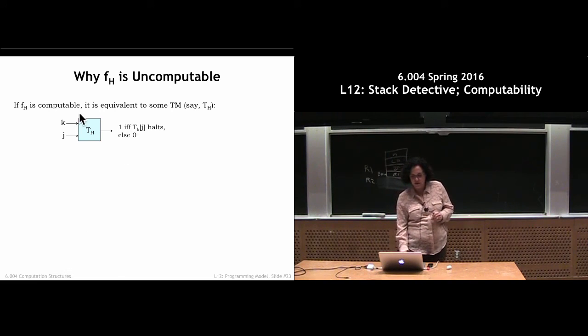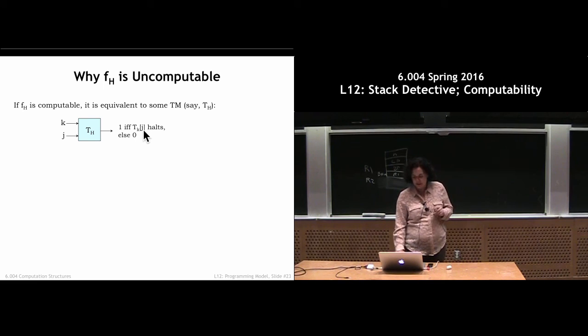And so my description of this Turing machine H is that given k and j, it'll produce a 1 if Turing machine k on input j halts, and 0 otherwise, okay? And for a moment, we're just going to assume that we can actually build such a machine.